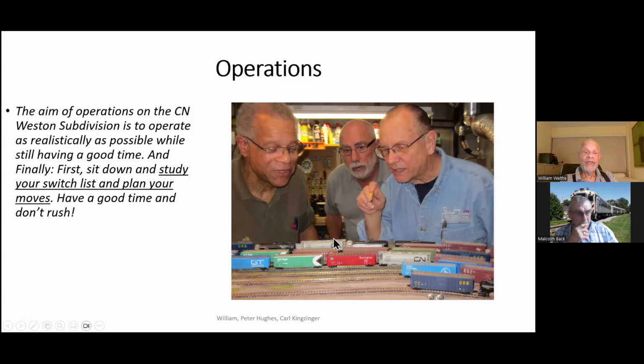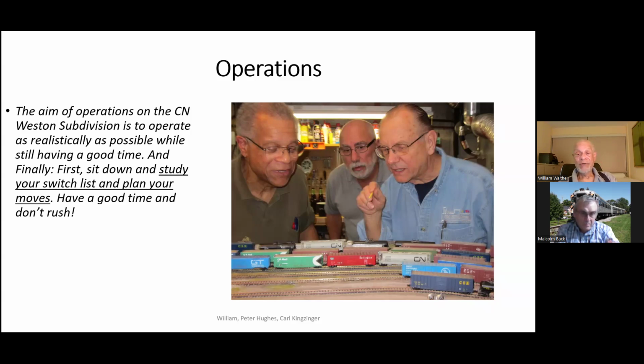So we move on to operations. And when we have guest operators, I send them a map of the layout. I send instructions, and I send separate instructions for the conductor. We operate always with one engineer and one conductor. The conductor has the paperwork, studies the paperwork, and plans the moves.